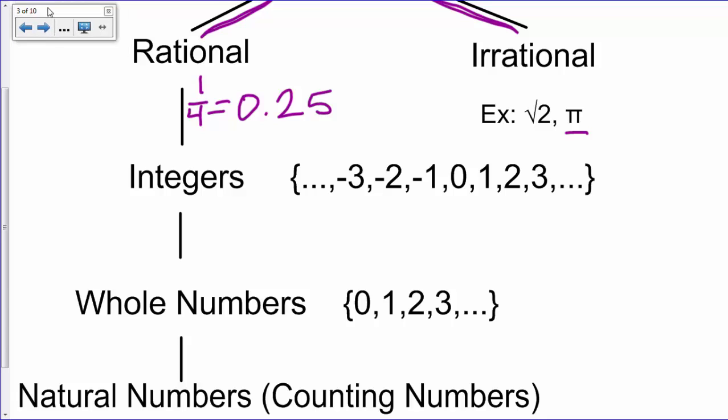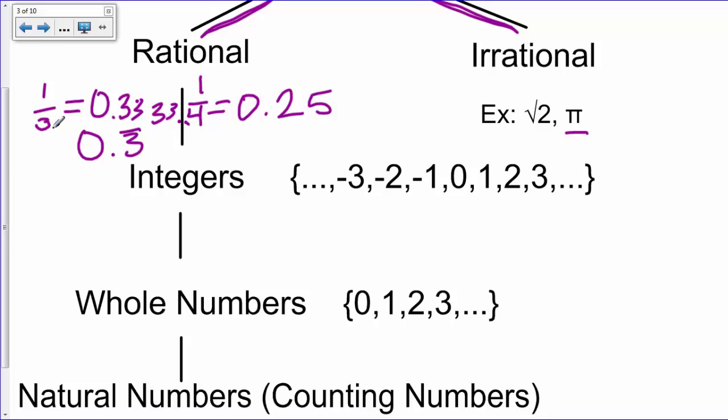What happens if we look at a number like 1/3? If we punch that into our calculator, that gets us 0.3333, and it keeps going, right? We know that we would write this as 0.3 repeating.